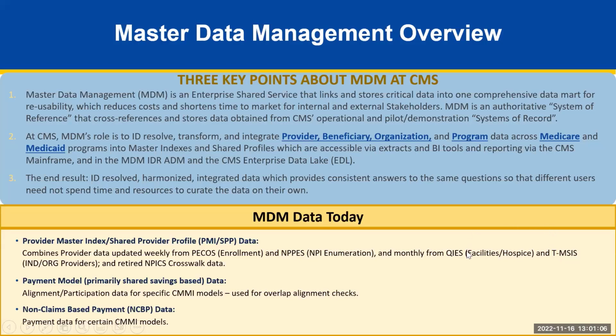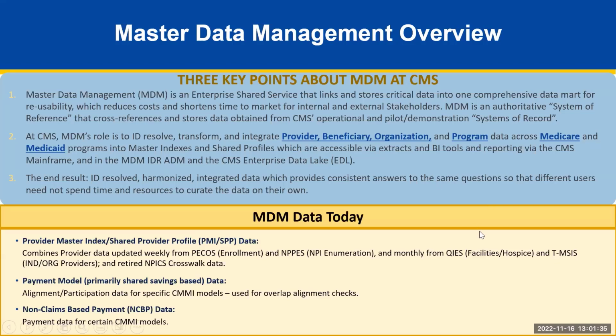Master data management for the agency might be a little different from what folks understand master data management to mean outside of government. We here at the Master Data Management team are part of the enterprise shared services, and we link critical data from across the agency. We're not producing what folks may think of as a golden record, which is one particular record that brings together all the data.